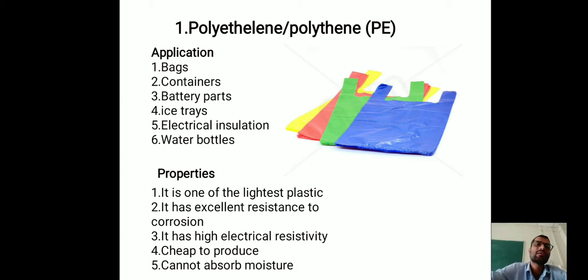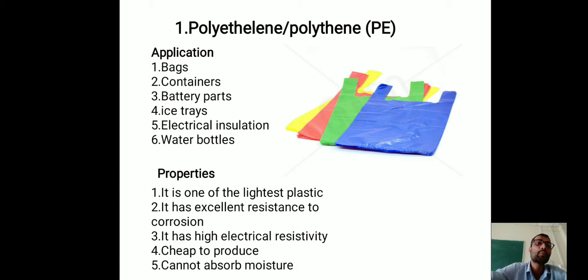Then let's look at some properties of this material. It is one of the lightest plastics, means polythene material is very light in nature. Next, it has excellent resistance to corrosion. Next, it has high electrical resistivity, means it is a good insulator.